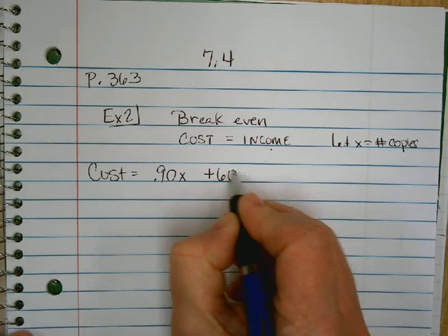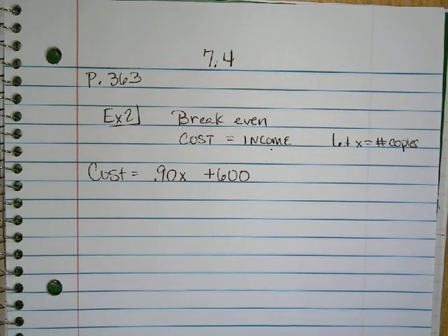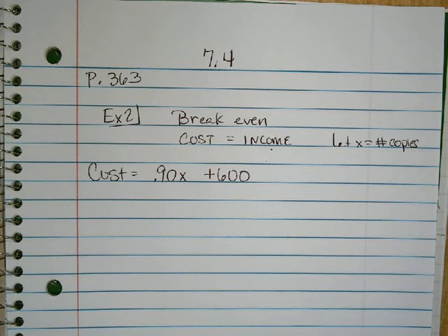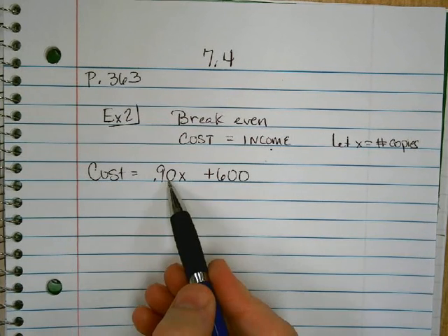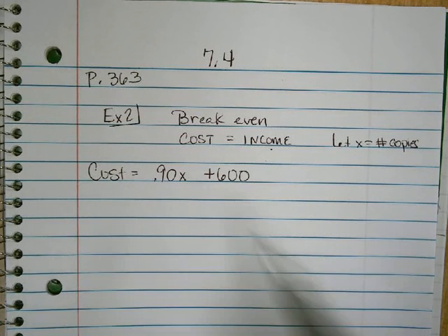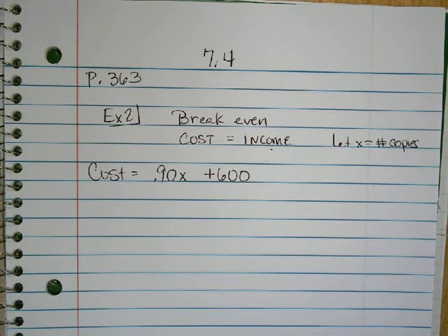Does that $600, do they charge me that one time or for every copy? Just one time. That's the fee for writing and researching. And this is what it costs to print every copy. Once we get it done one time, we're just going to make a whole bunch of different copies, and it's 90 cents for each copy, okay?